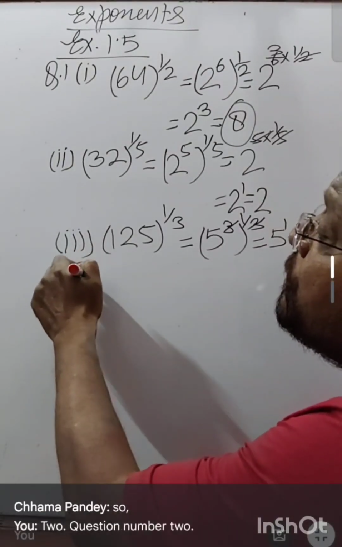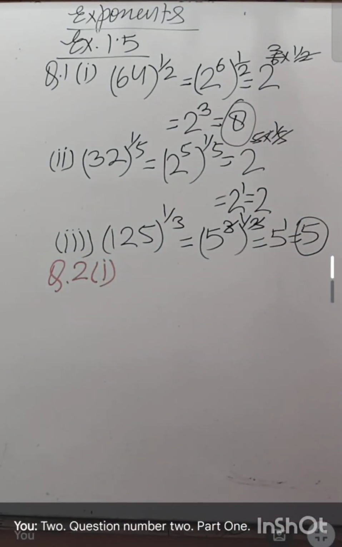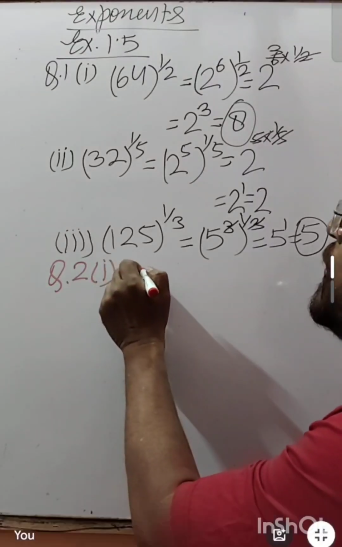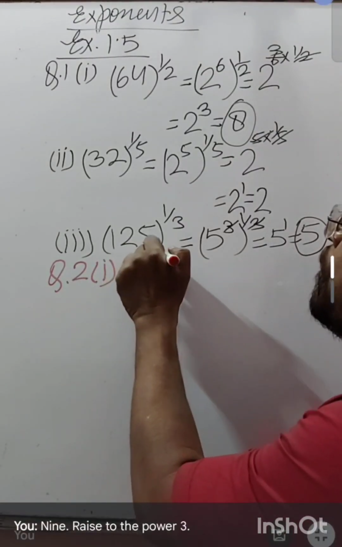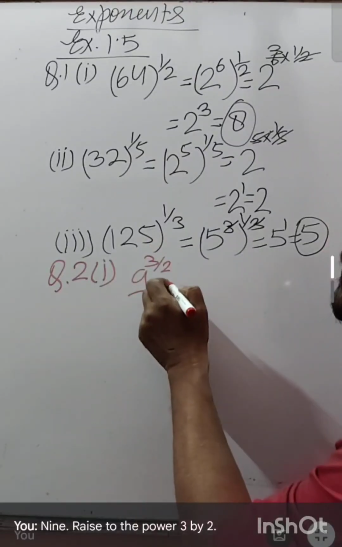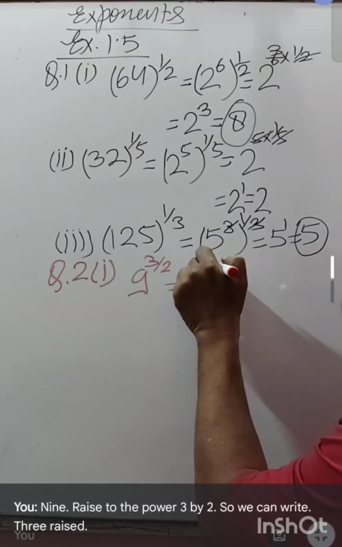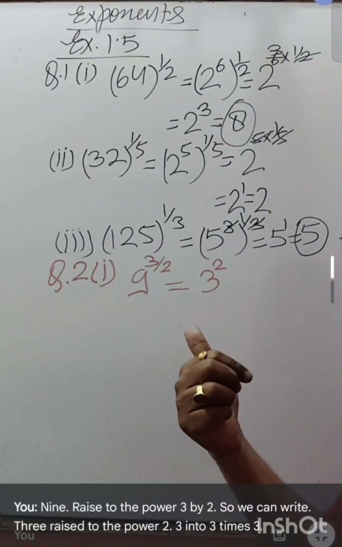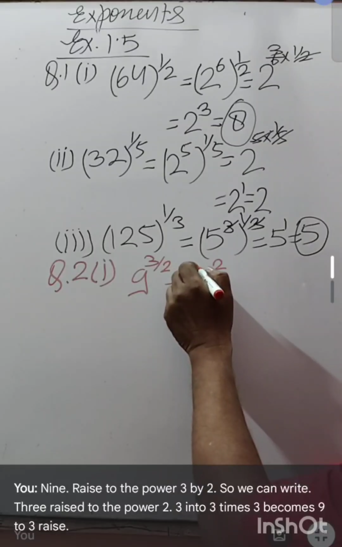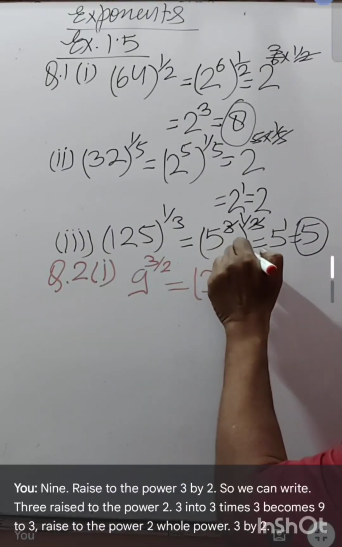Question number 2, part 1: 9 raised to the power 3/2. So we can write 3 raised to the power 2, since 3 times 3 becomes 9. So 3 raised to the power 2 whole power 3/2.